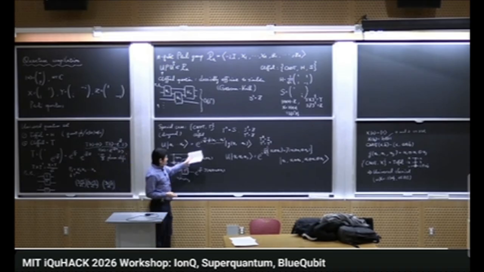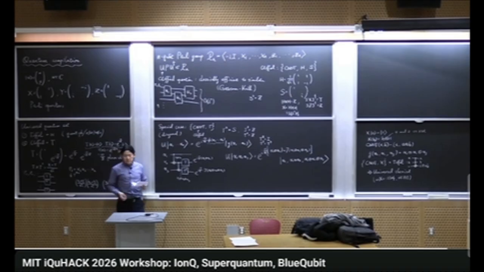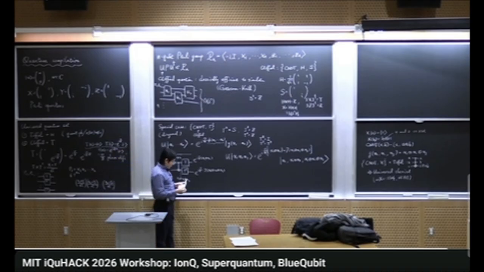And the fact that the unitary in this case can be written in this form, the fact that we have this function phi, gives us an opportunity to reduce the number of T-gates.